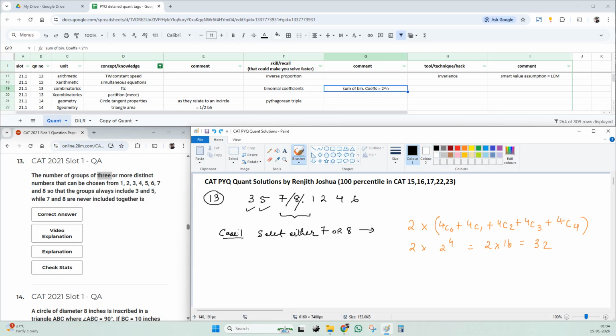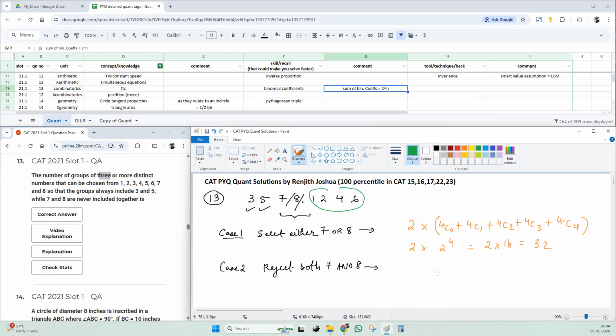Then you have case 2, which is slightly different, which is that you have to reject both 7 and 8. Now in this case, you have to select at least one item out of 1, 2, 3, 4. Then only will you satisfy the condition at the beginning where you have to select at least 3 items.